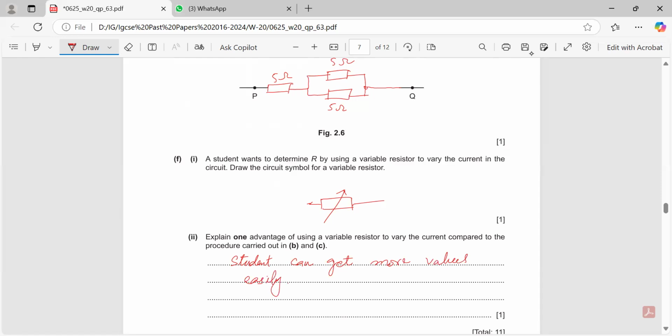There is no need to connect and disconnect again and again to get the new value. So easily the student or the experimenter can get more values of current, more values for resistance, better to say more values of current easily. Let me write that, more values of current easily.